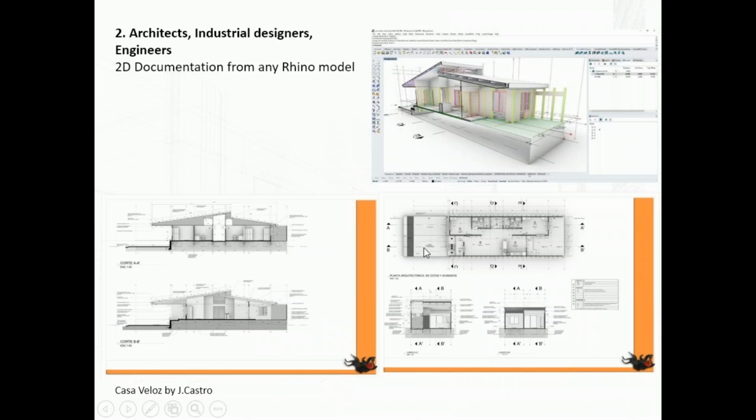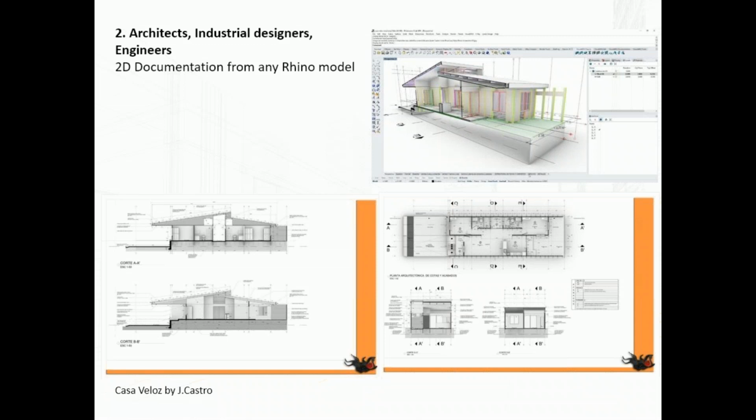In the second group, I would put the people that use VisualARQ for producing 2D drawings, and they don't necessarily need to work with VisualARQ objects. For example, in this project, all the geometry that you can see here are just Rhino solids, polysurfaces and surfaces.